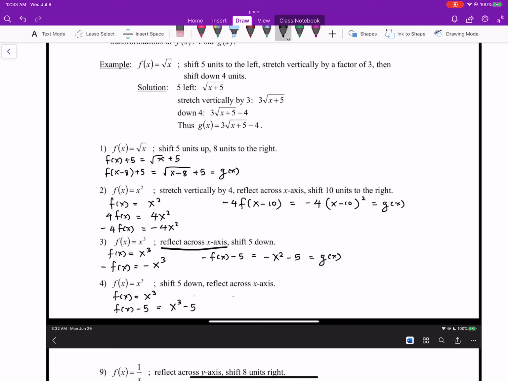That means that I need to multiply the function by a negative. Well, that means I have negative x cubed minus 5, which is negative x cubed plus 5, which is what the new graph should look like, g of x.